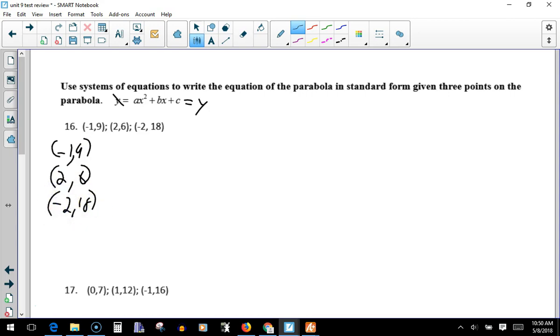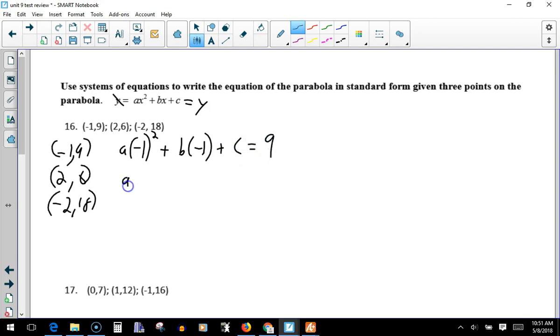Now I'm going to put my -1 squared plus b times -1 plus c, which is always going to be c, equals 9.